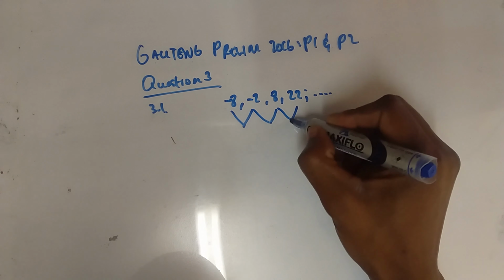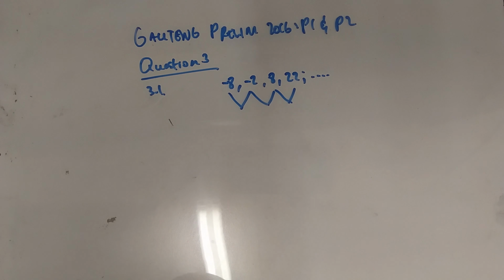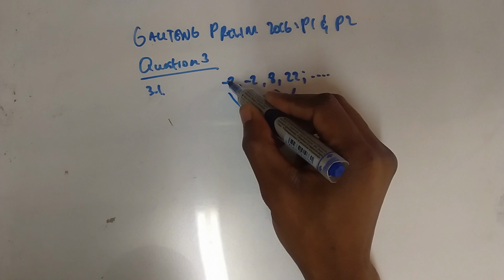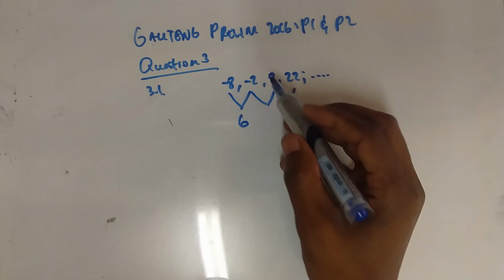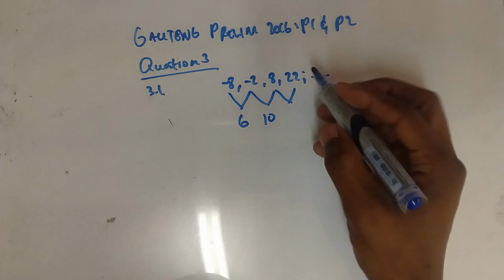Usually what I do is I try to check first whether it is quadratic, because quadratic has a lot of arithmetic to do, and you have to be very intuitive when you do that. That's why I always start with that one. So let me see, -2 minus -8, this will give me 6. 8 minus -2, this will give me 10.